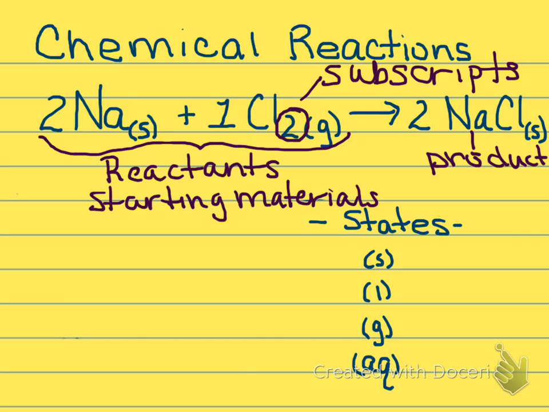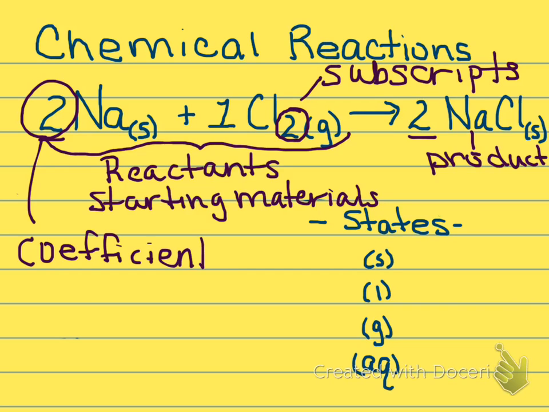And as we get into balancing chemical equations, we're going to use numbers out in front of a chemical compound or element. This means there's two of whatever comes in front of it. Those numbers are called coefficients. It's just important that we use the right vocabulary and know the difference between coefficients and subscripts.